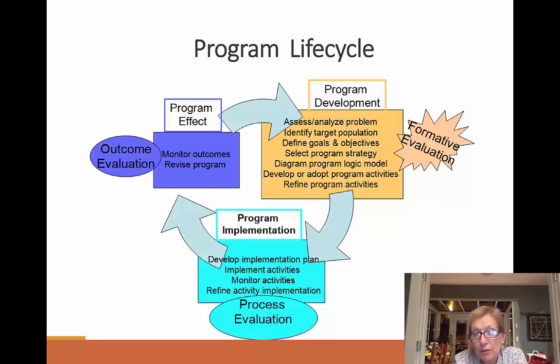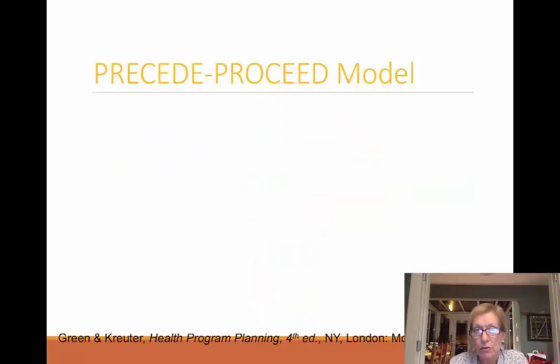So you can see that program evaluation is pretty complicated when you look at it like this, and there are various models out there to help you grapple with the complexity of programs and evaluate them in this way. One model, as I mentioned, is the PRECEDE-PROCEED model, which was developed by Green.